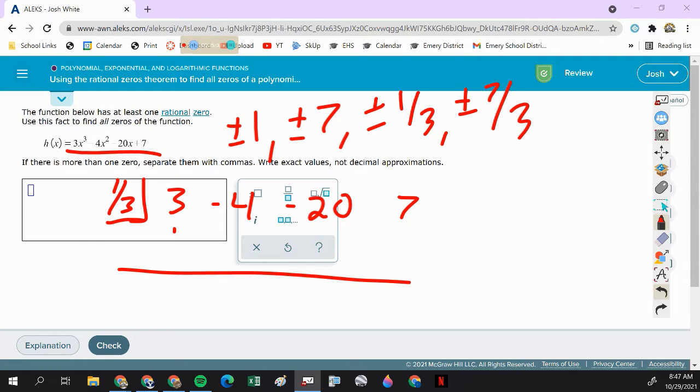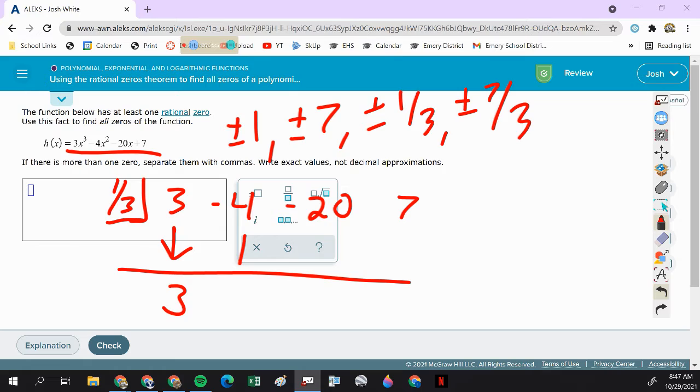Now, when you do fractions, there's something you have to remember at the end. Divide the equation by, in this case, 3, because it's the denominator of the root that I'm testing. So drop the 3. 1/3 of 3 is 1.